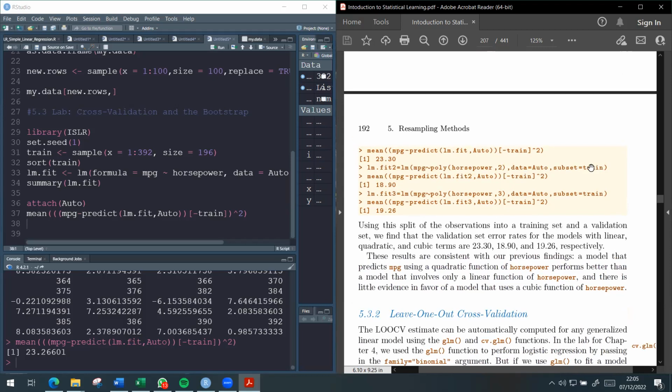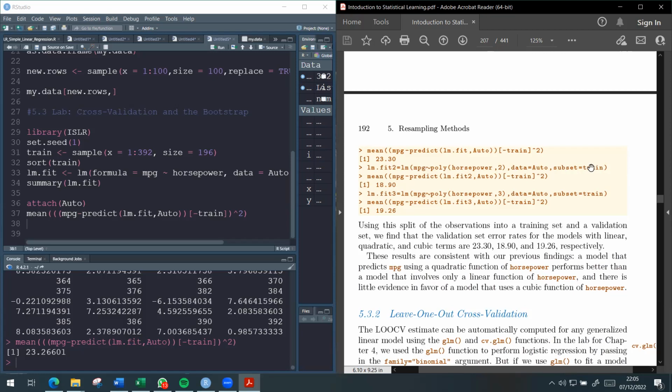These results are consistent with our previous findings. A model that predicts MPG using a quadratic function of horsepower performs better than a model that involves only a linear function of horsepower, and there is little evidence in favor of a model that uses a cubic function of horsepower.